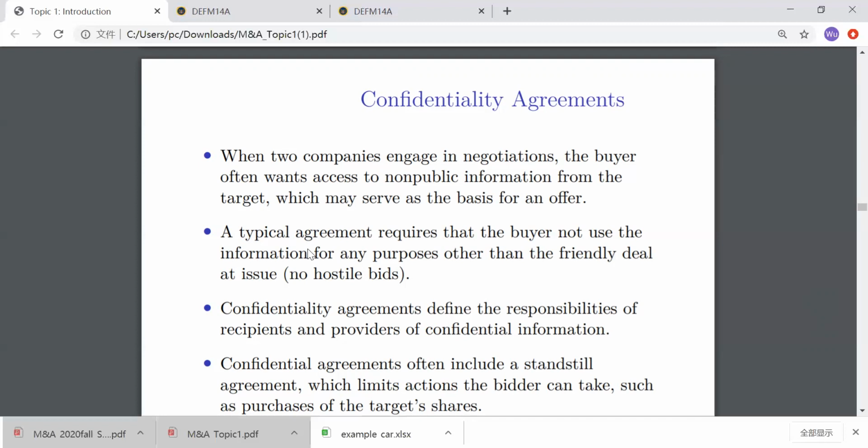So there are risks that this losing bidder will use that information at the cost of target shareholders. Therefore, these confidentiality agreements make sure that the bidders in the merger negotiation process will not take advantage of this proprietary information provided to take action that harms target shareholders. So that's the idea.